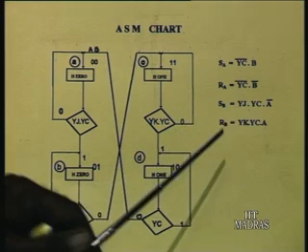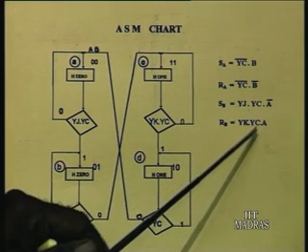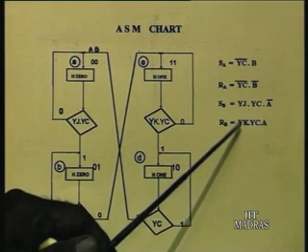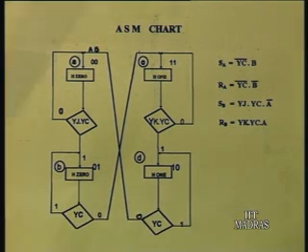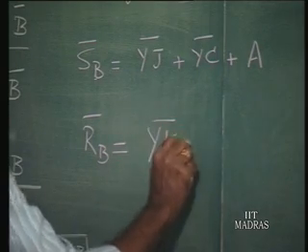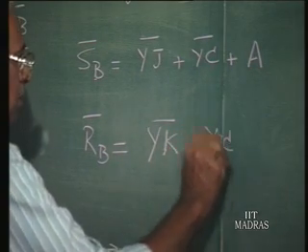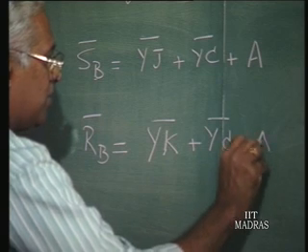It says Yk and Yc and A. So, R B bar will be Yk bar or Yc bar or A bar.